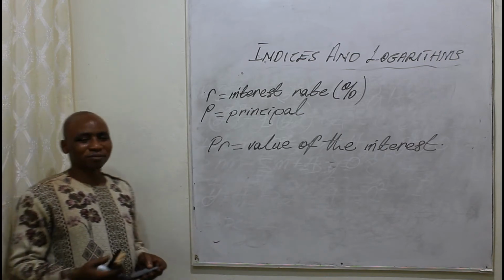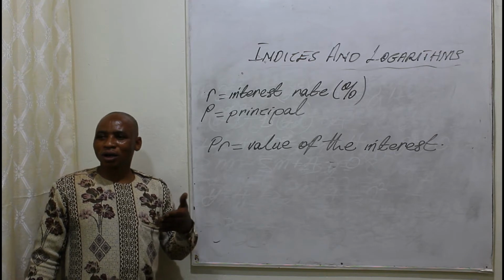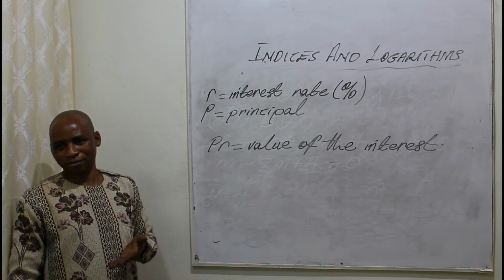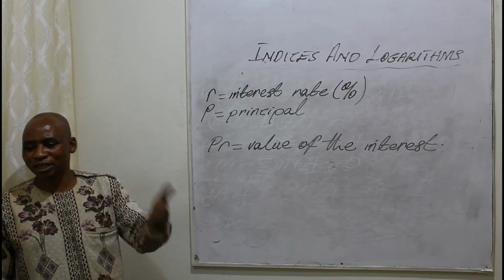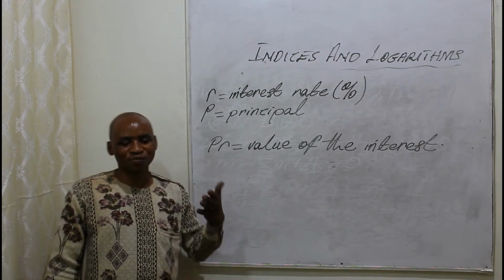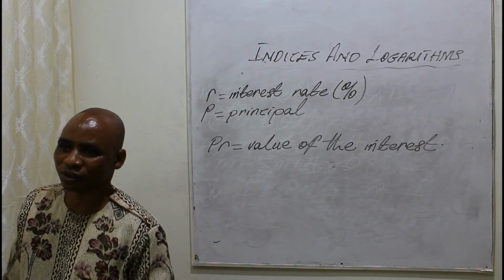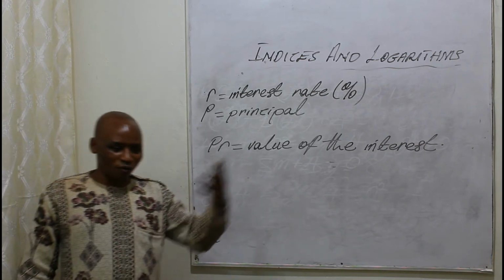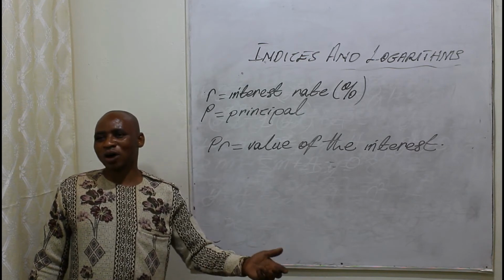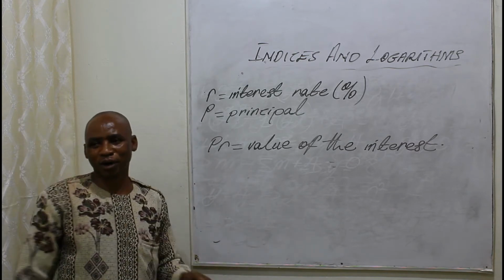And don't forget, the interest always accumulates within certain given periods. Maybe the investor can tell you that if you put in this amount, at the end of the year, you are going to get this interest in addition to your principal.